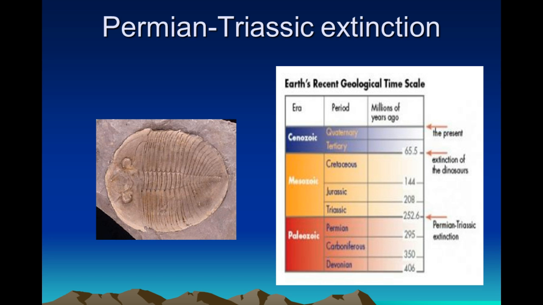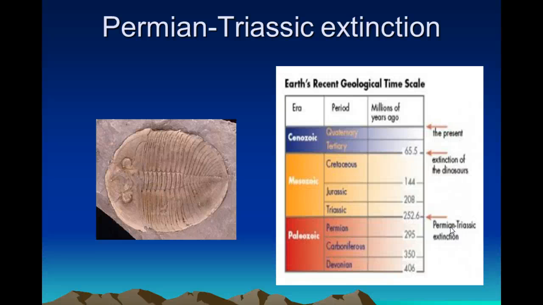Okay, also write in your notes that the Permian-Triassic extinction, you see it right here, occurred 2.52 billion years ago, and that life on Earth was nearly wiped out, all of it. In fact, an estimated 90% of all species living at the time were extinguished.